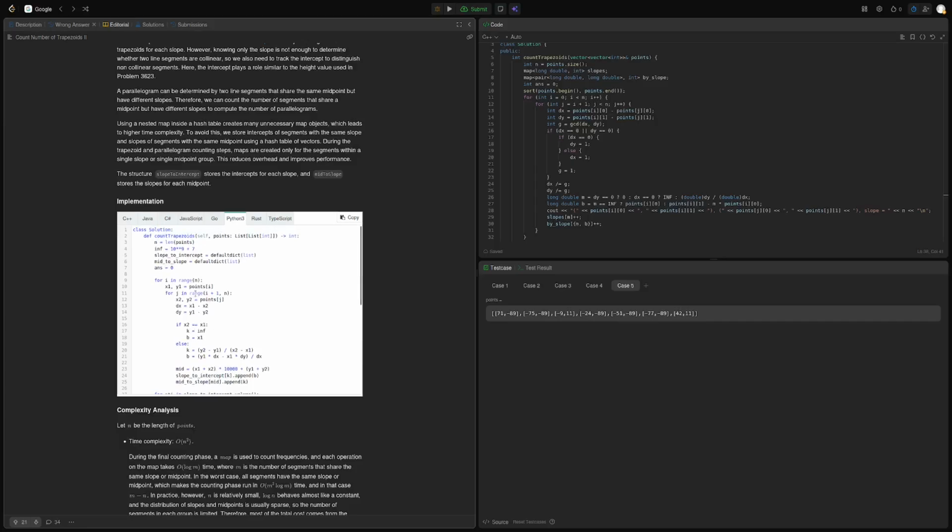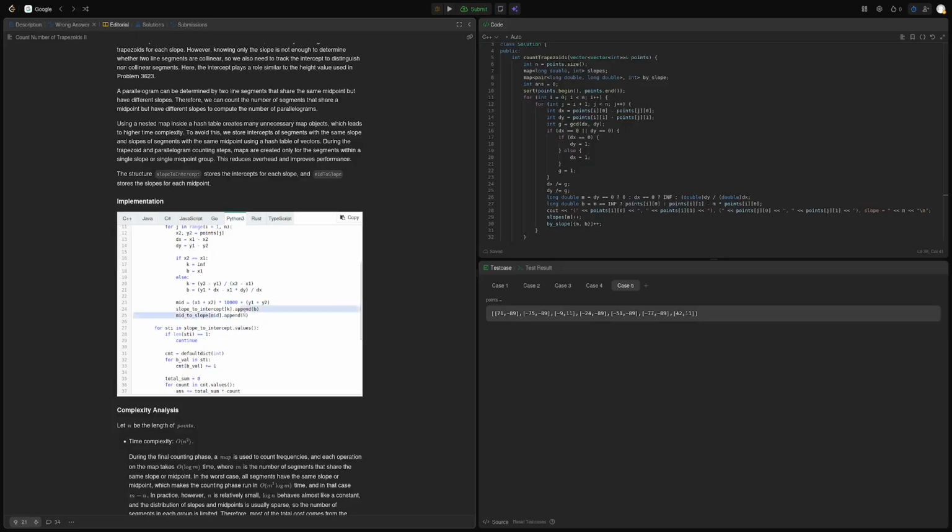What are they doing? Slope to intercept. So slopes have these intercept. These slopes. Okay.